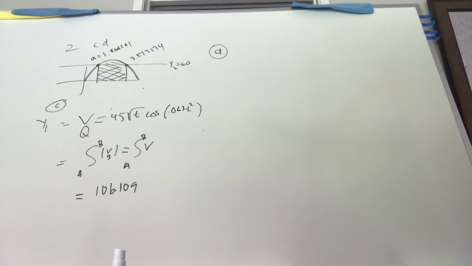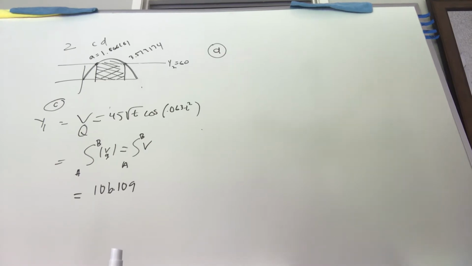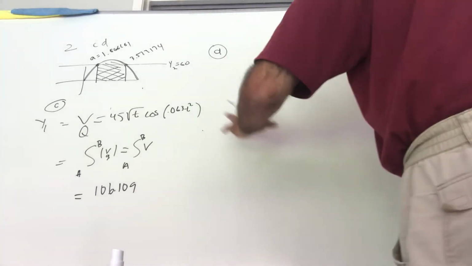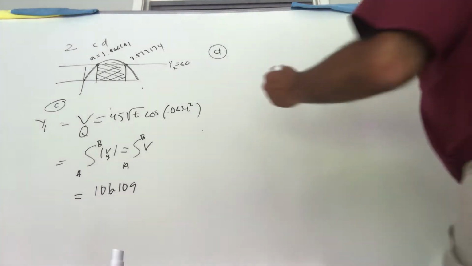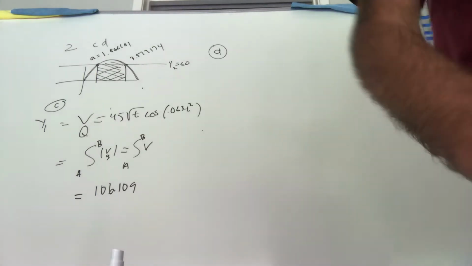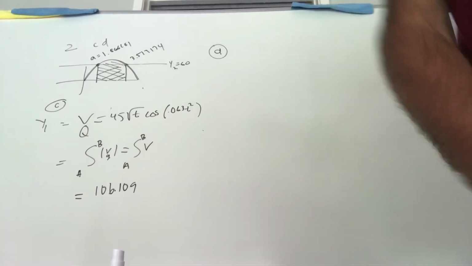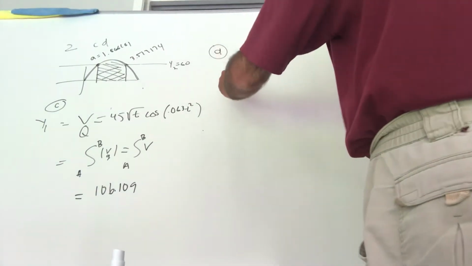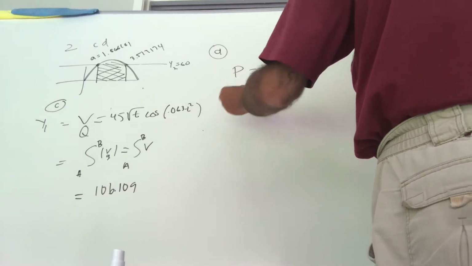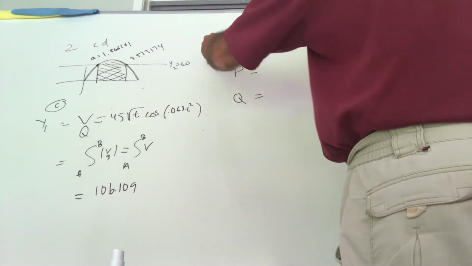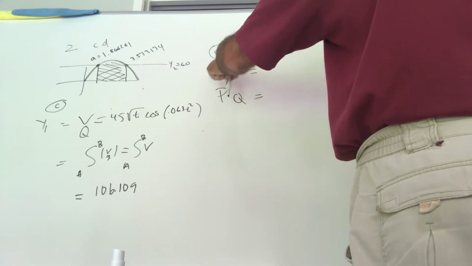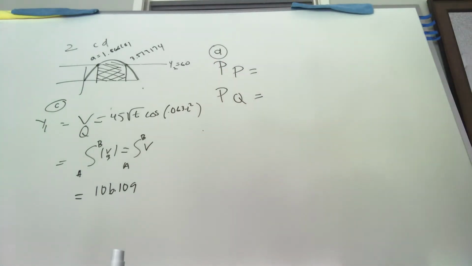Use the result from B to approximate the distance between the particles. Okay, so what we need to do is we need to find out where each particle is. In B, so we have particle P and we have particle Q. We want to figure out exactly where they are. We want the position of P and we want the position of Q.